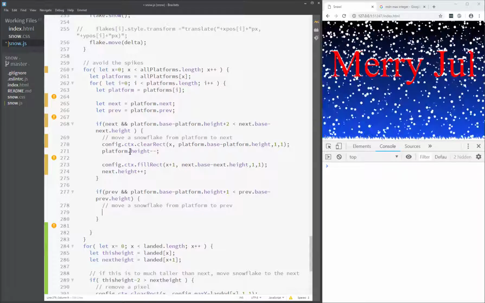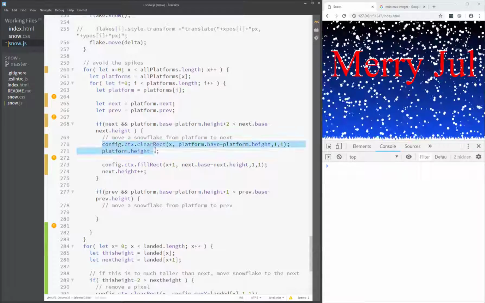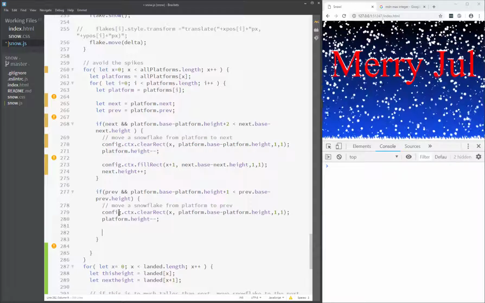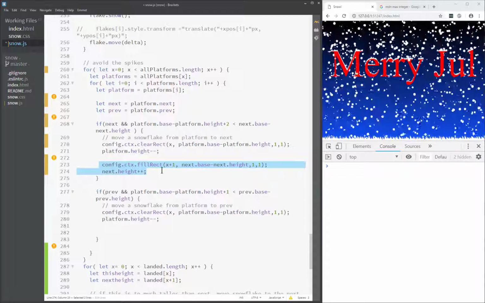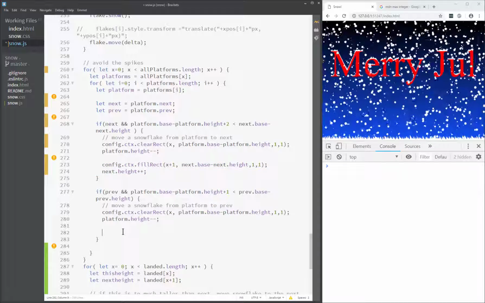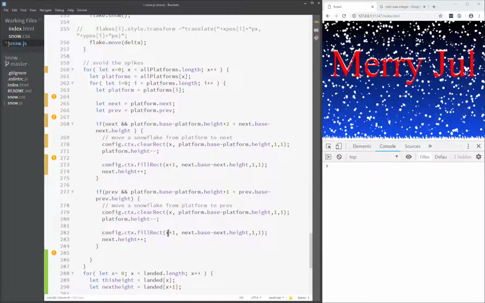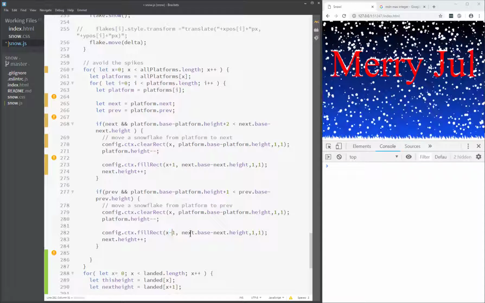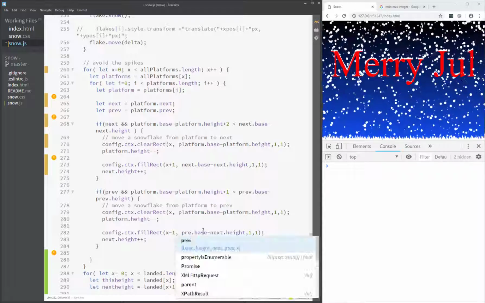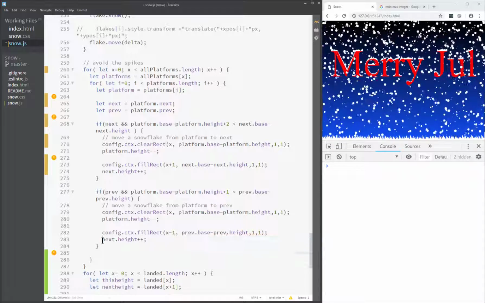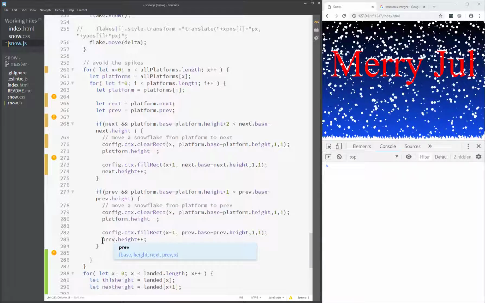And that means this one would be exactly the same. I'm removing one from the platform. And this one would then be, everything would be different. X is not plus 1 anymore, it's now minus 1. And it's prev, and it's prev, and it's prev.